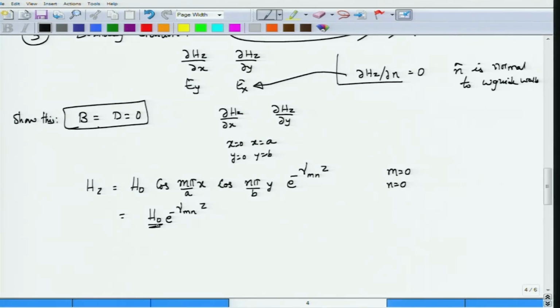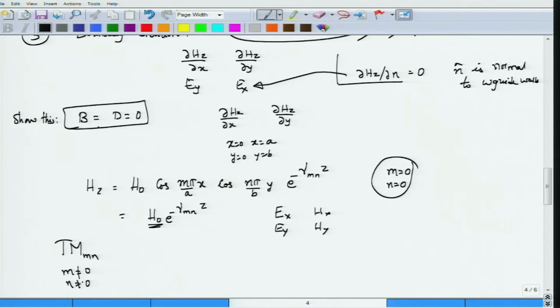Now the catch here is that this solution is also not alright, because the Hz component might exist, but nothing will exist for Ex, Ey or Hx and Hy. Because these other components go to 0, you will not be able to have m and n both equal to 0. In the TM case, what we had was TMmn, where neither m nor n should have been equal to 0.